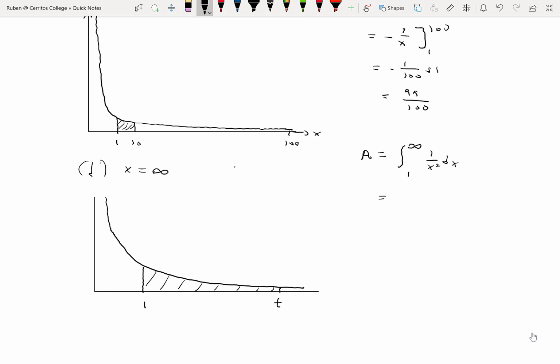Let me put all that together. I threw out a lot of information there. We're going to integrate between 1 and t, where t is unspecified, just some number more than 1, of 1 over x squared dx.